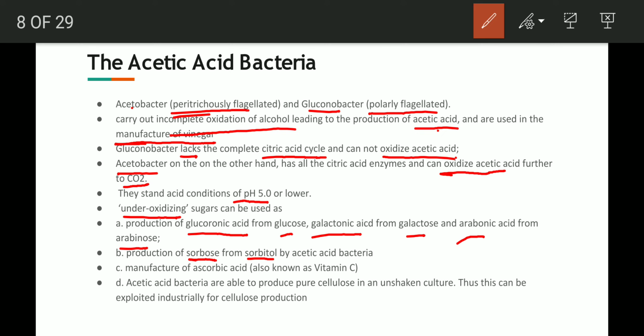Then production of ascorbic acid. Ascorbic acid is also known as vitamin C. The last use is production of pure cellulose in an unshaken culture, so this can be used for industrial production of cellulose.